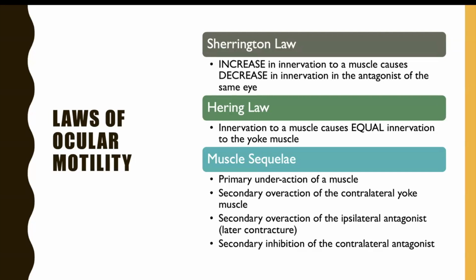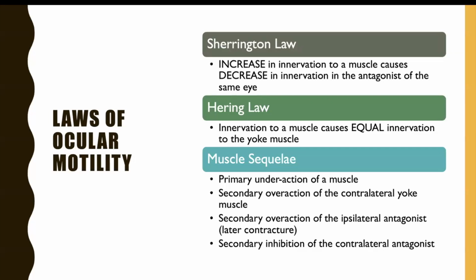And then your muscle sequelae, generally when you're talking about underaction of a muscle. So when you've got the primary underaction of a muscle, the next thing that you're going to see will be overaction of your contralateral yoke muscle. And then what you'll see is an overaction of the ipsilateral antagonist and then secondary inhibition of your contralateral antagonist. Now, that can take a while for you to absorb and feel free to just go through that multiple times.